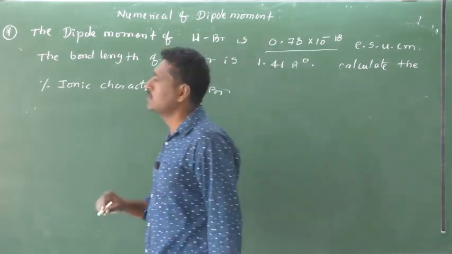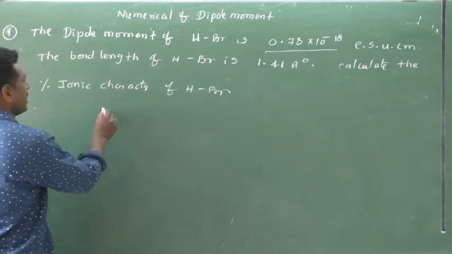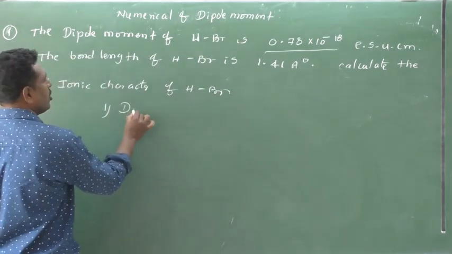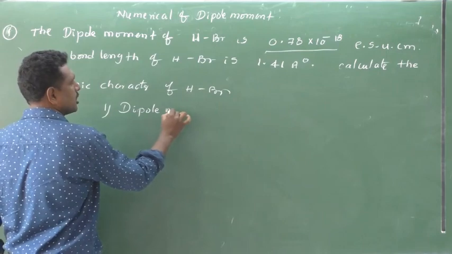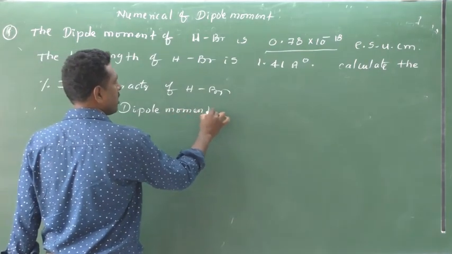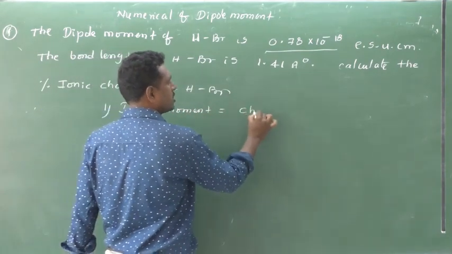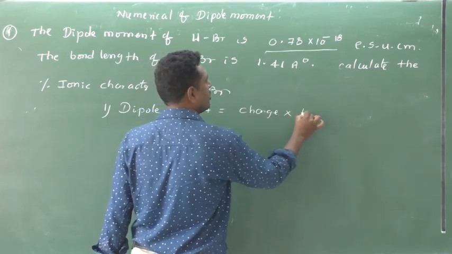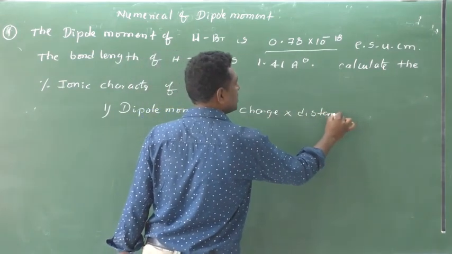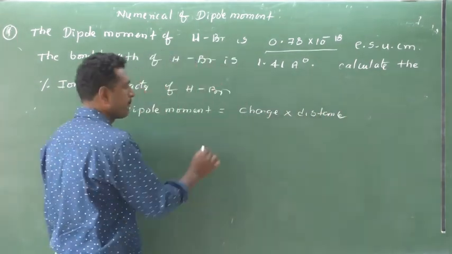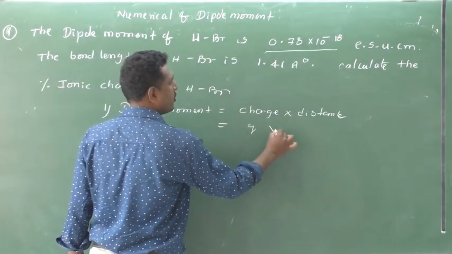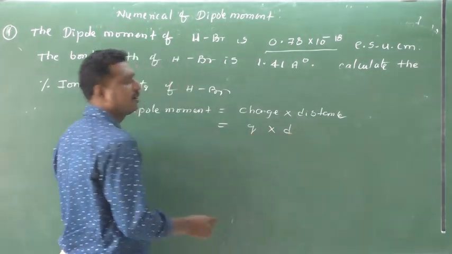The first formula is dipole moment equals charge into distance. Charge equals Q and distance equals D.